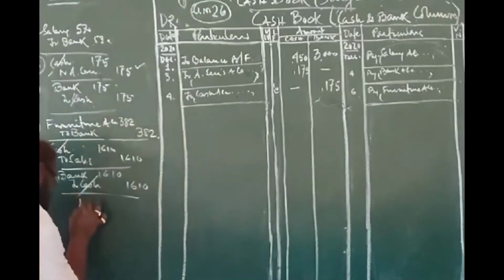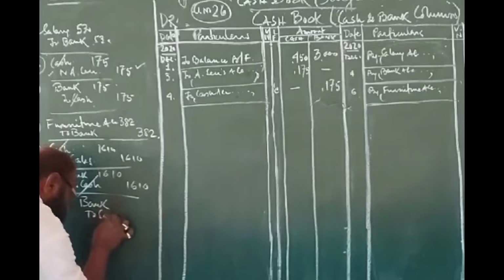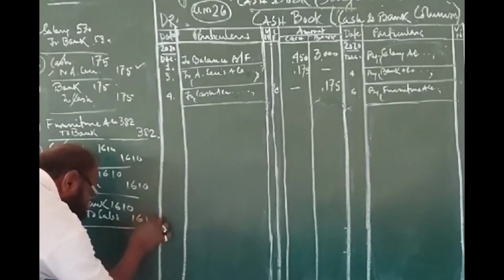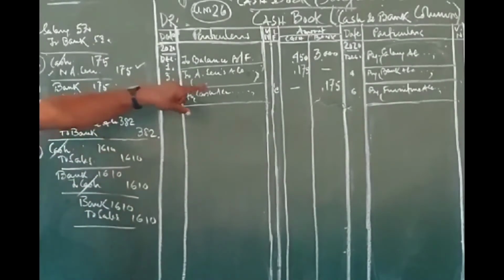Okay. Ultimately, what is the result? The result is bank account debit to sales. Clear? 1610. So it will be treated in two accounts. One is the bank account to sales, and sales by bank. Here we have the bank book.